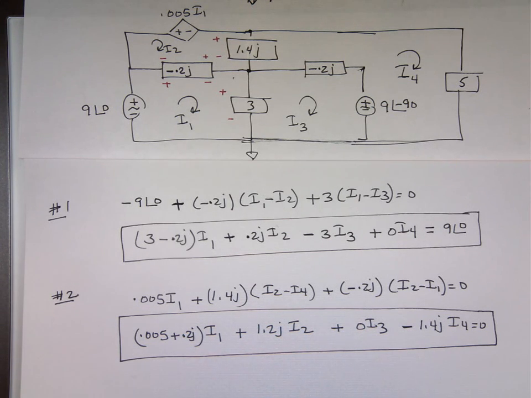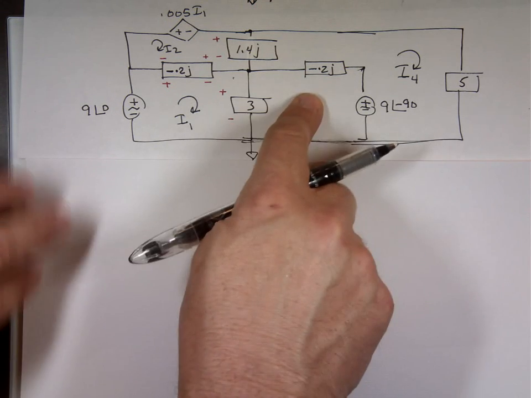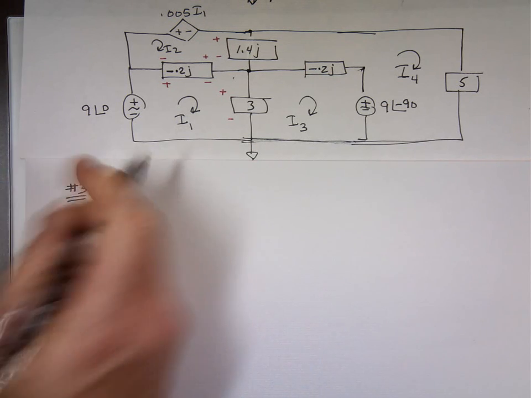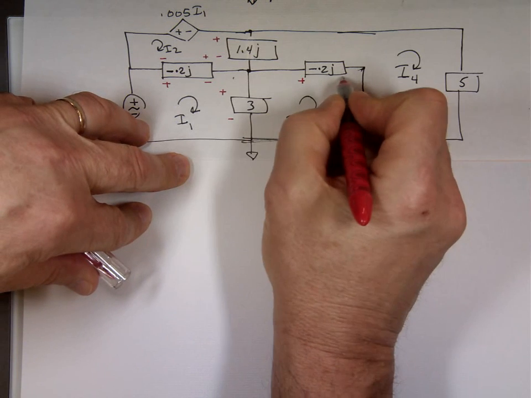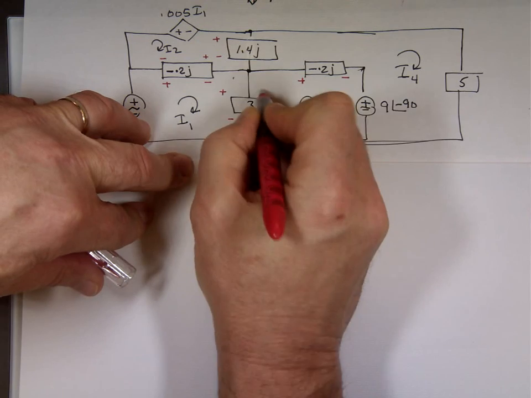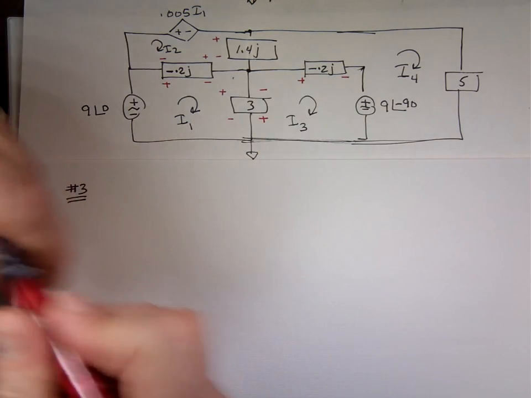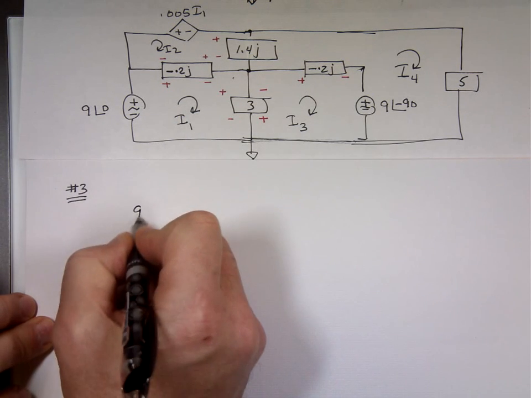Now I need 2 more. I'll move this because I want to keep the picture on the screen. Mesh 3, that's this one. Again, we're traveling clockwise. We're going to mark this plus, minus; well, this one's already marked. So we'll start with this one. That's 9, plus to minus, that's a plus. 9 angle negative 90.